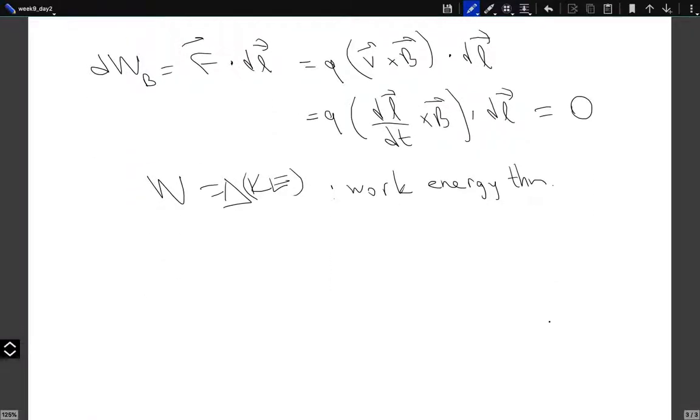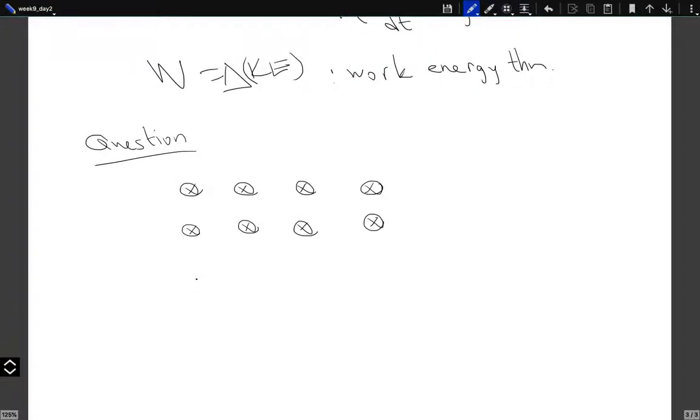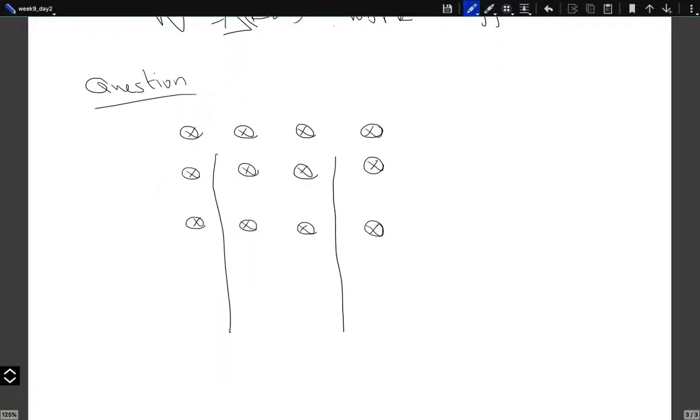Okay, so let me ask a question which I will not answer. Let's just assume we have these conducting rods connected to a battery.